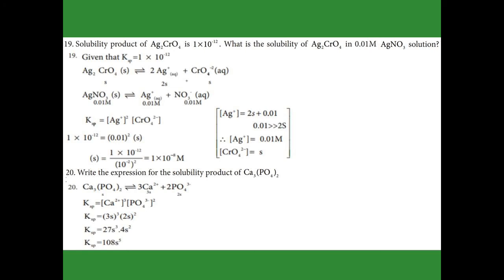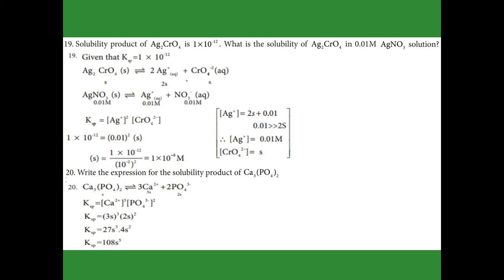But compared to 0.01, that 2S is a very small amount, so we are going to take only 0.01 molarity as the Ag plus concentration, but in the chromate we take the molar solubility alone. Then substituting this value, the molar solubility S is equal to 1 into 10 power minus 12 divided by (10 power minus 2) the whole squared. After calculating we get the value 1 into 10 power minus 8 molarity.